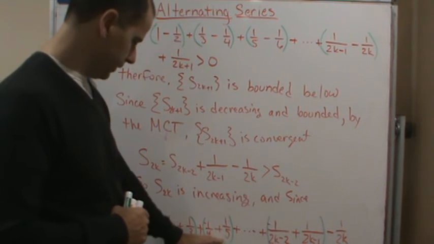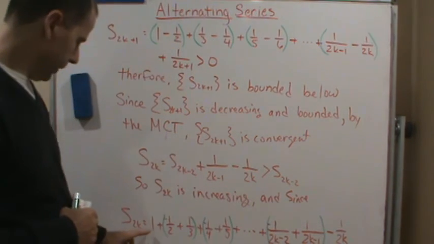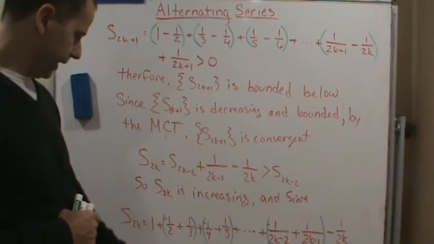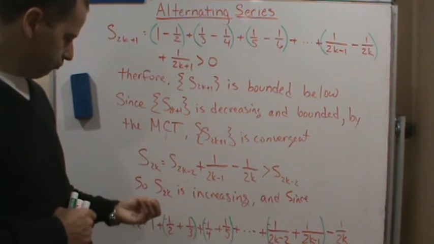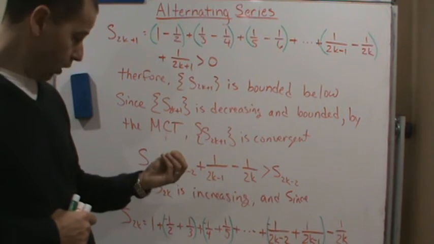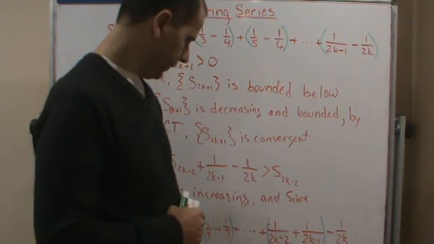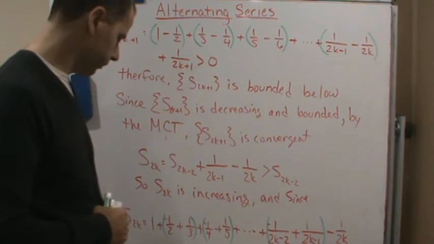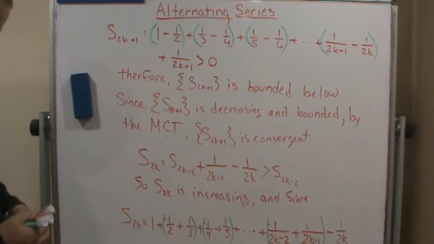So I'm taking 1 and I'm subtracting off something negative. But that negative number is getting smaller, all the way to here, okay?